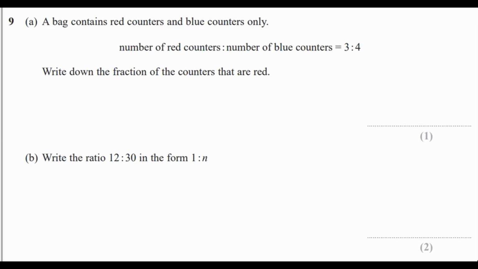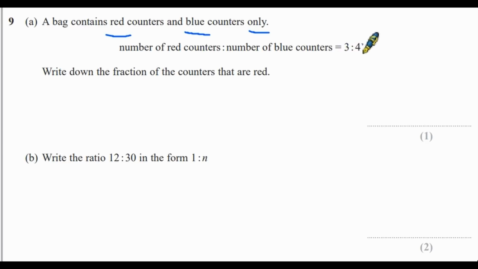Question 9, we have a ratio question. So a bag is containing counters. We have red and blue only. We know that the number of counters as a ratio, red to blue, is 3 to 4. It says write down the fraction of the counters that are red. Well, for a situation like this, we have 3 red for every 4 blue.